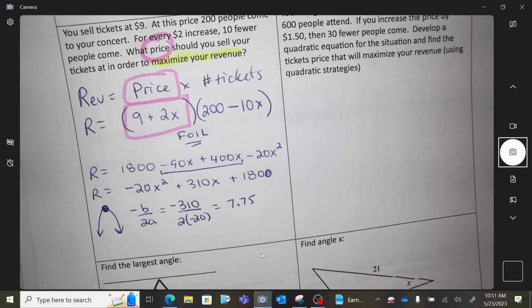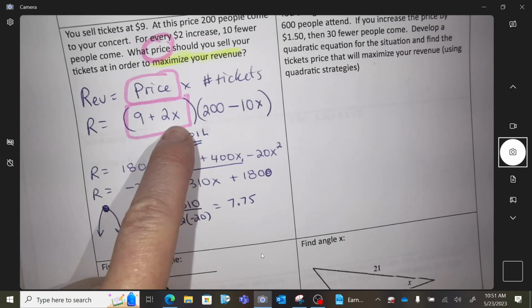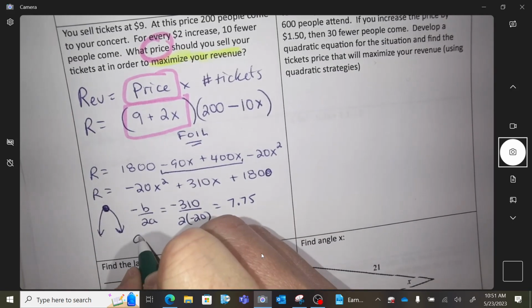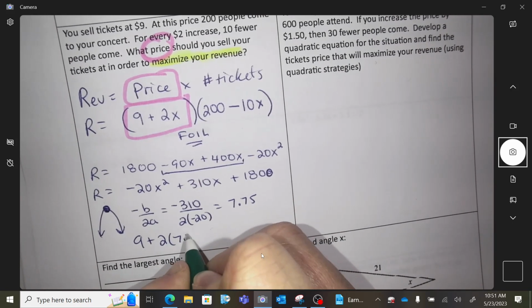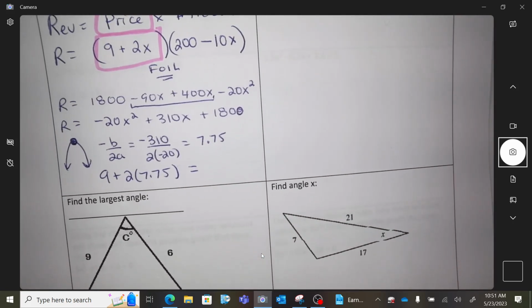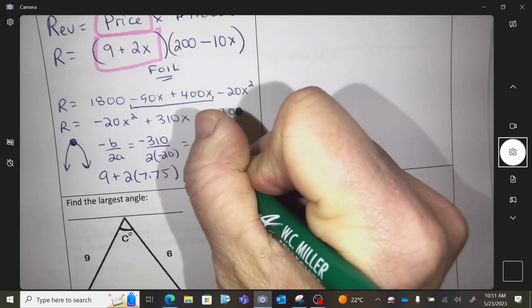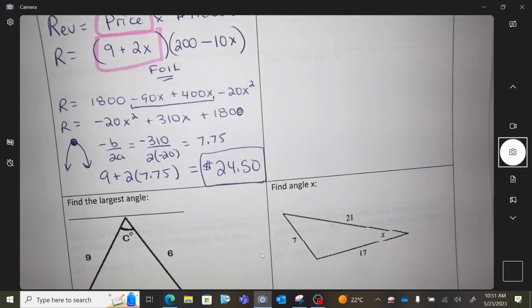So the ticket price was $9 and we went up $2, 7.75 times. So that's called my ticket price.